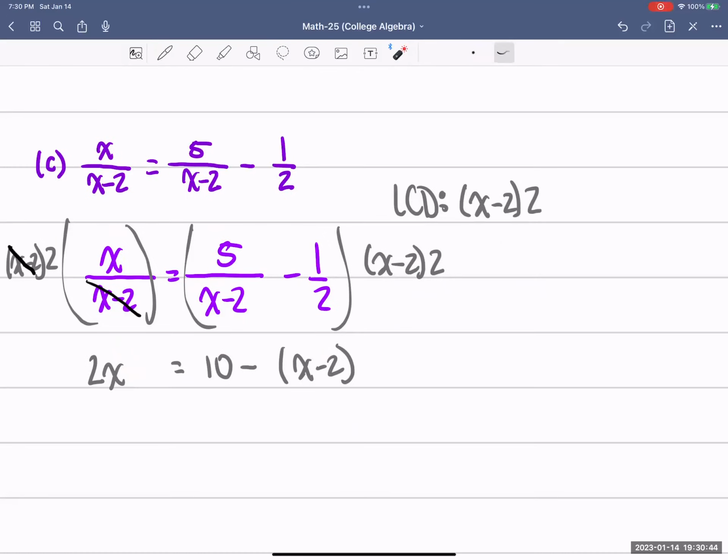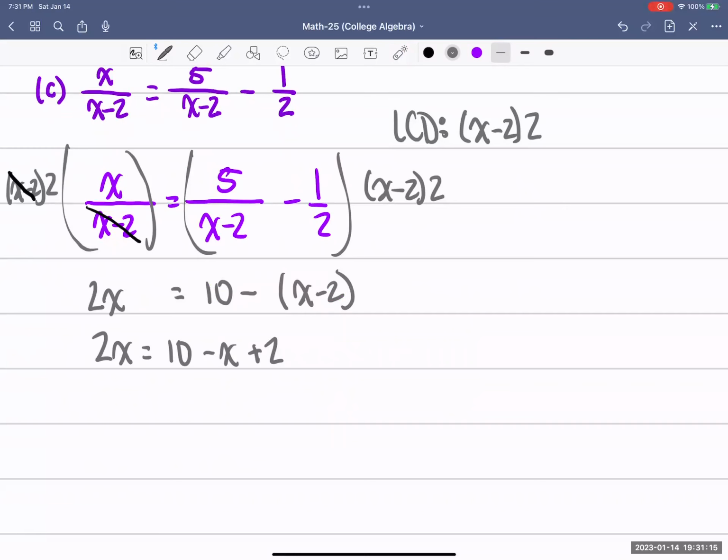And next step is to expand everything out. Then we're going to solve for that variable or get the variable isolated. So we have this negative that we're going to distribute to these two terms here. 2x is equal to 10. Negative times x is going to be negative x. A negative times a negative 2 is going to be a positive 2.